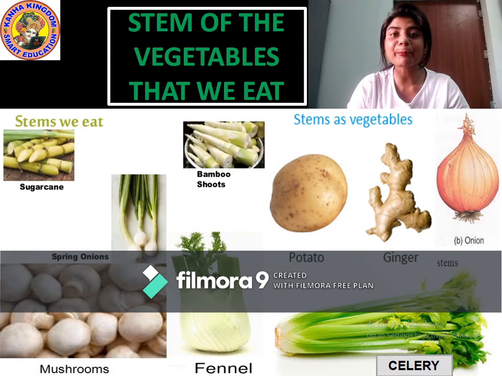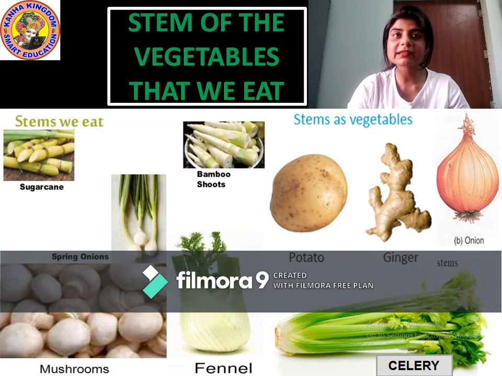These are the stem portion of a plant that we eat as a vegetable. Understood? These are the stem of a plant that we eat as food.